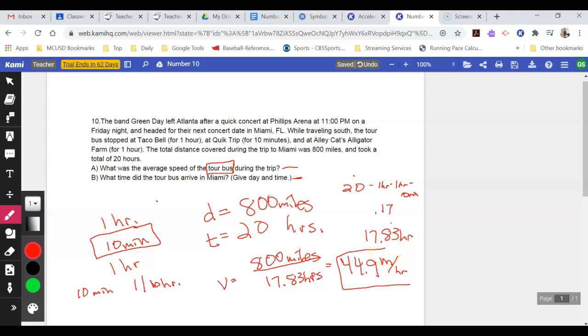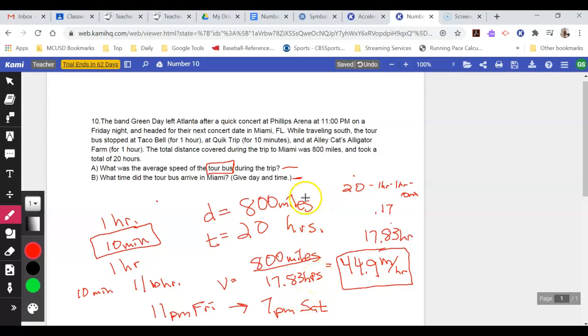So that takes care of A. Quite a few of you just did the 800 divided by the 20 hours, which again, that's not the tour bus in motion. B, I think most people did get that, because if you're at 11 p.m. on Friday and you go 24 hours, it would be 11 p.m. Saturday, but you're only doing 20, so you subtract the 4 and you're arriving at 7 p.m. on Saturday.